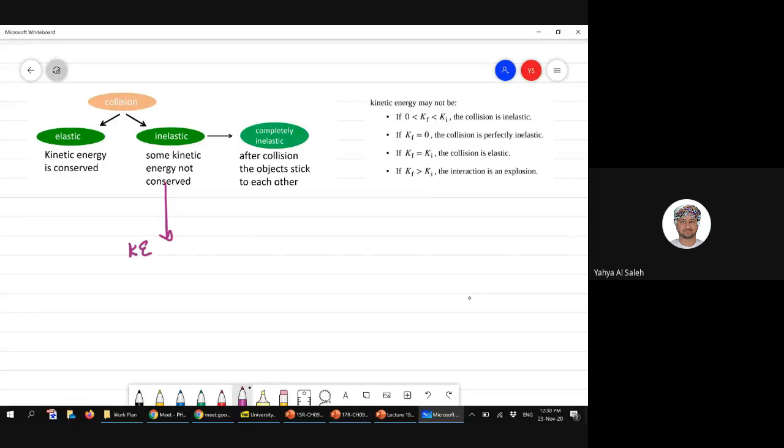Kinetic energy after is less than kinetic energy before. If the final kinetic energy is 0, so something happens and then it stops, we get 0.